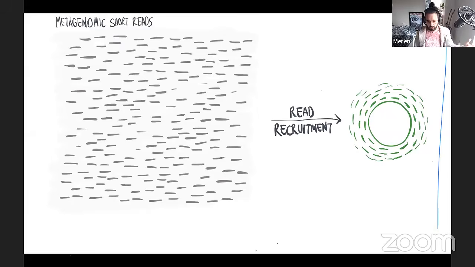So now I'm going to go to a city and collect all the people with a Louisiana driver's license, and I will expect them to be able to tell good stories too. So relying on that small bit of information does not allow you to make very highly resolved conclusions about the things you are trying to understand. Metagenomic read recruitment using larger context of genomes is very effective to track populations.